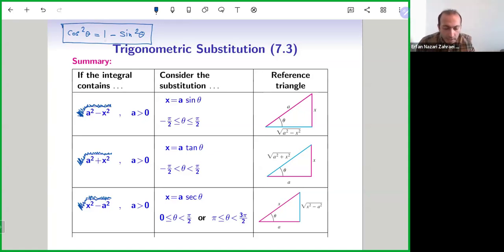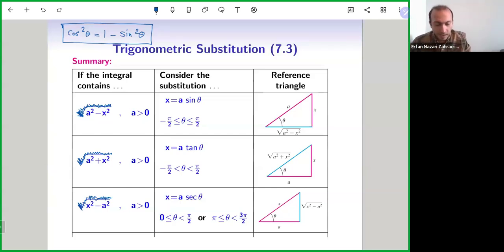So I see that if I have a constant minus something squared, it looks like this. That's why I use the sine substitution: I have a formula for this, given by the square of cosine, and that square, especially when we have a square root, cancels the square root.